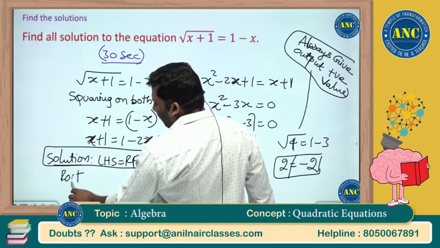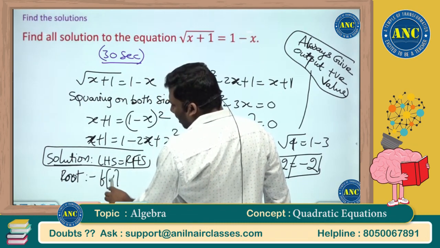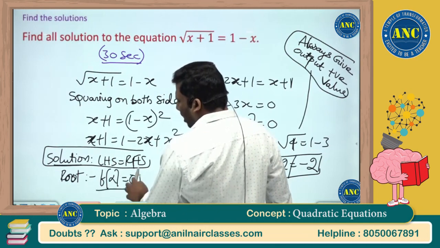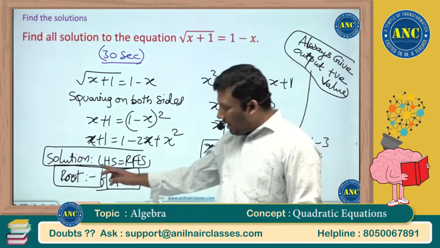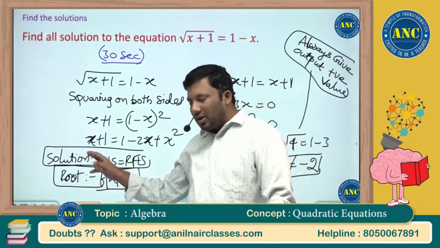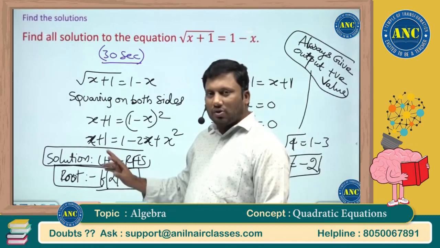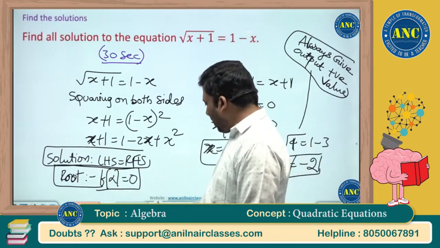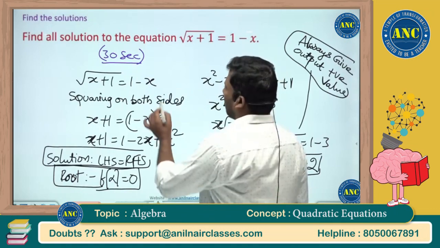If a root is a value and I substitute it, the RHS should be 0. I hope it is clear. A root is a solution, but a solution may or may not be a root.